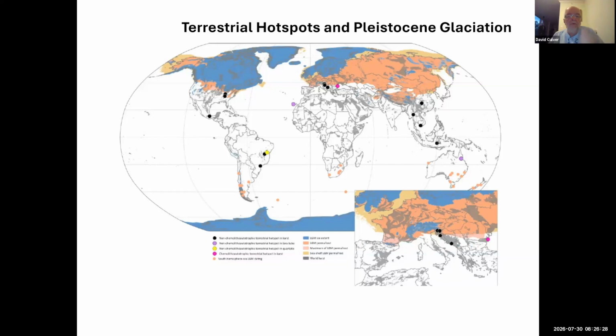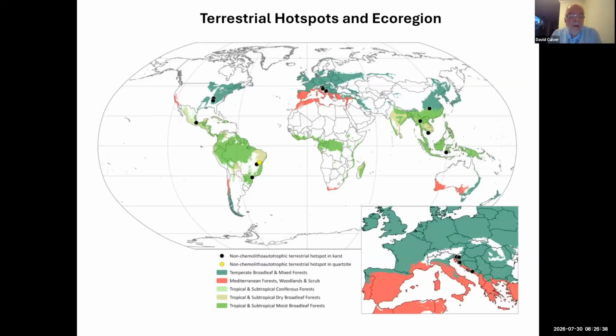Somewhat more help is to look at ecoregions. And this is simply a map of temperate and tropical forests. And you can see that for the most part, all of the terrestrial caves are located in broadleaf forests. So what is it about broadleaf forests that would promote them being a hotspot?